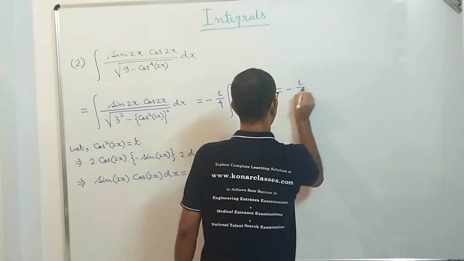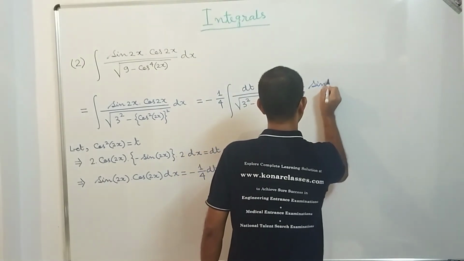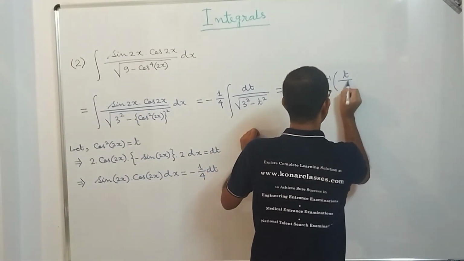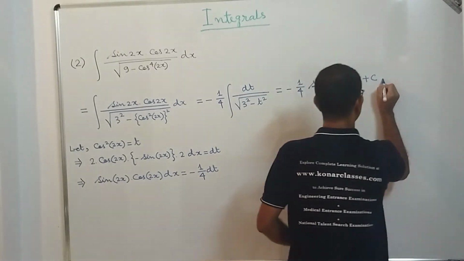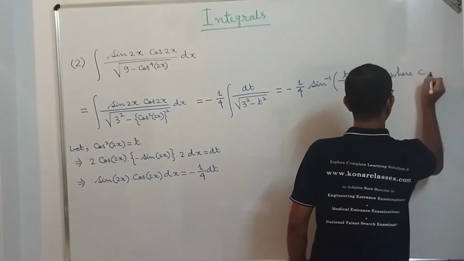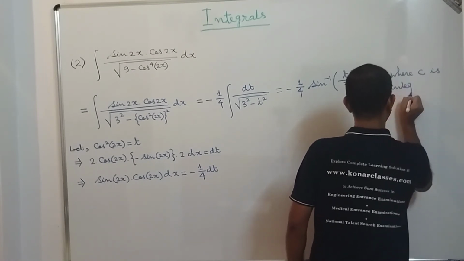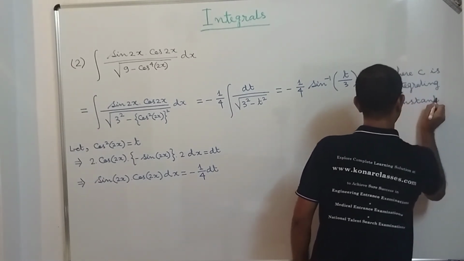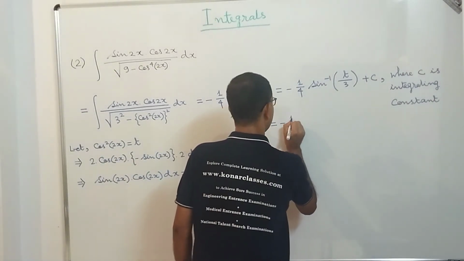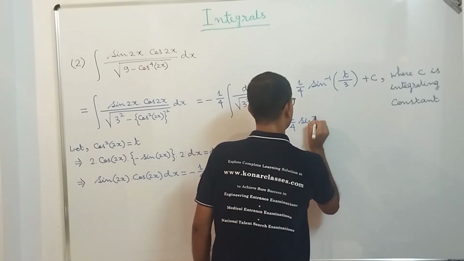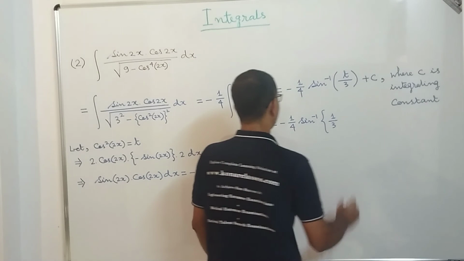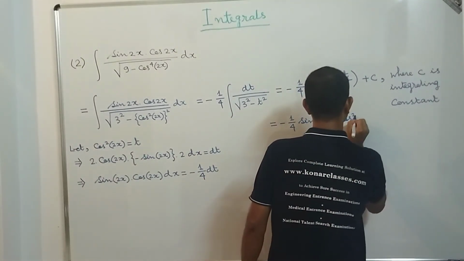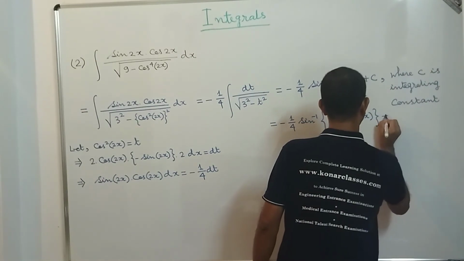So this is equal to minus 1 by 4 into sin inverse of 1 by 3 into cos square 2x, because t is nothing but cos square 2x, plus c.